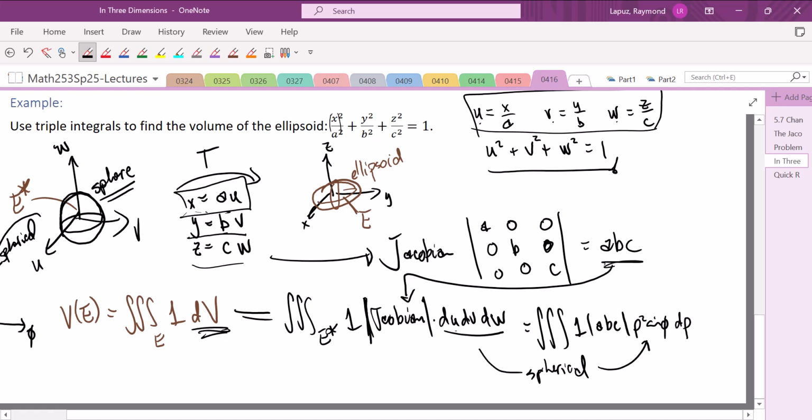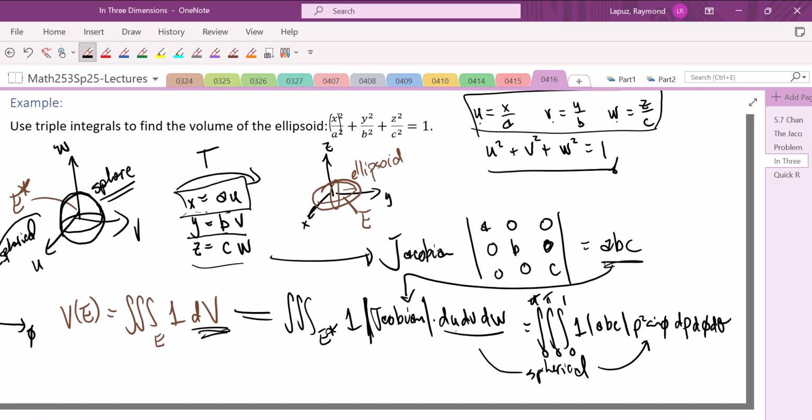The rho is just, this is a unit sphere, so it just goes from 0 to 1. Phi goes all the way down to pi, and theta goes from 0 to 2 pi, because it's the whole sphere.